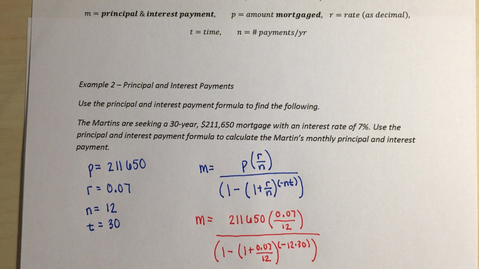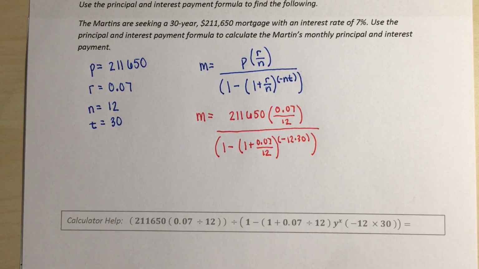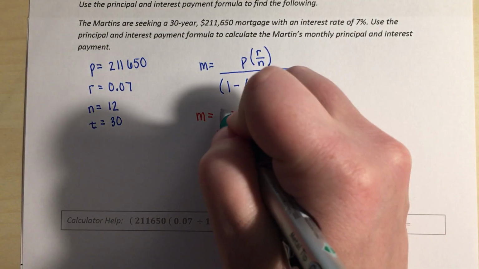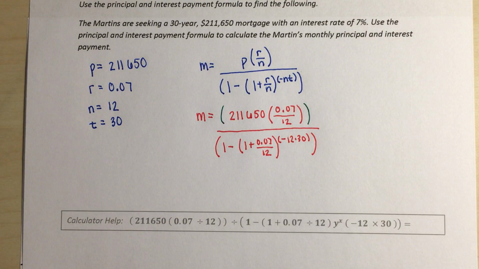Right. Down at the bottom, there are our hints for plugging this into our calculator. Remember, as mentioned in previous examples, we may want to think about this entire portion up here in parentheses. So what we're going to do, we type in $211,650 after parentheses, and another set of parentheses, 0.07 divided by 12.